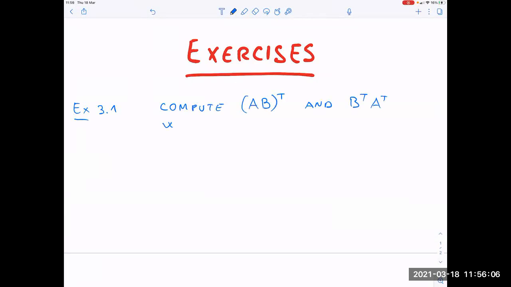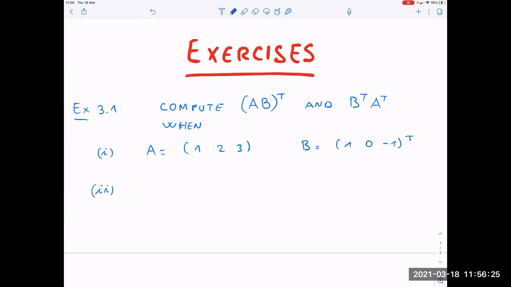So let's say when we have two cases. Case 1, A is 1, 2, 3, and B is 1, 0, minus 1 transpose.